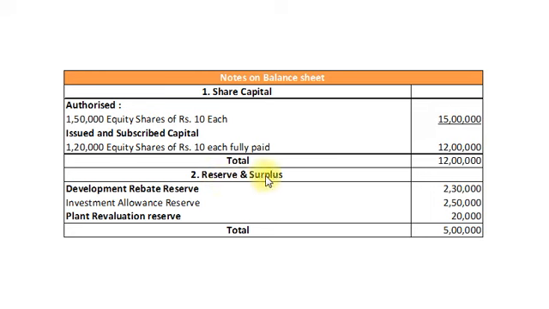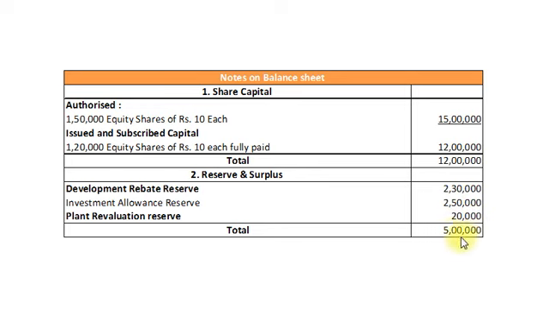Now reserve and surplus. My dear students, here you understand, from the existing balances of reserve and surplus, only 3 balances remain after bonus shares, that is development rebate reserve rupees 2,30,000, investment allowance reserve rupees 2,50,000, plant revaluation reserve rupees 20,000.